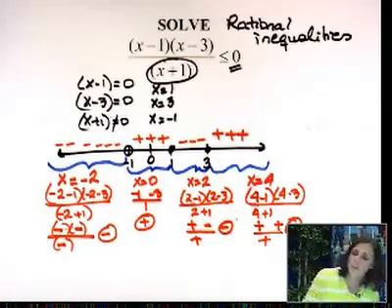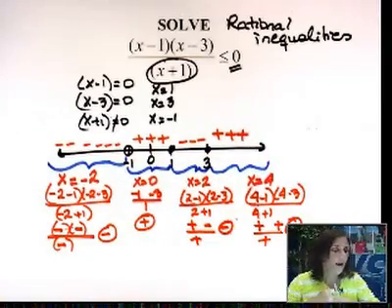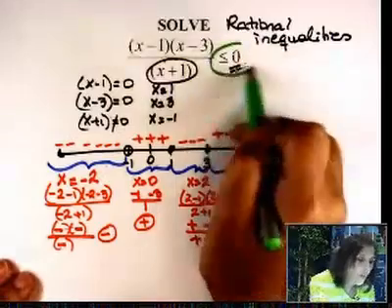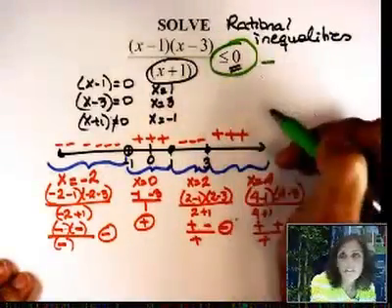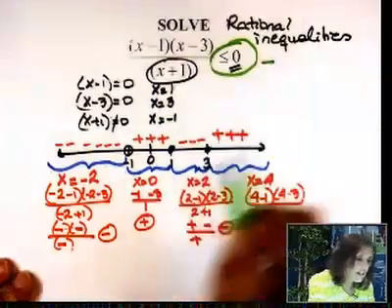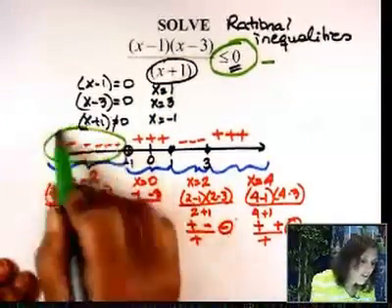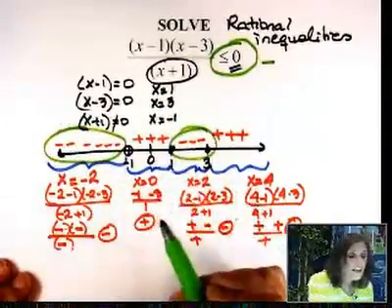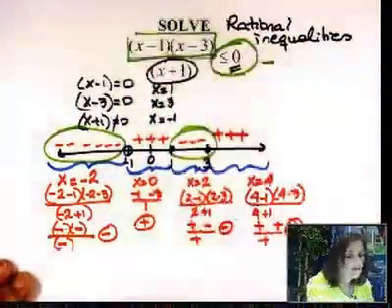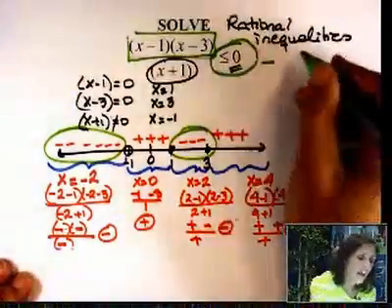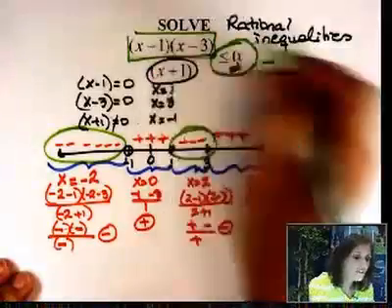Now I look at my original inequality. What was it asking? Where is it less than or equal to 0? That means where is it negative or 0? Let's look at it. It's negative here and here. And it's 0 when the top is 0. So how do I write that? The equal is going to be just the top.